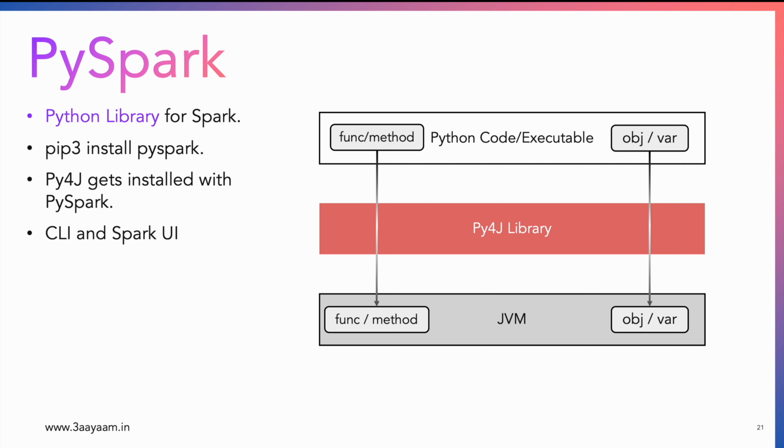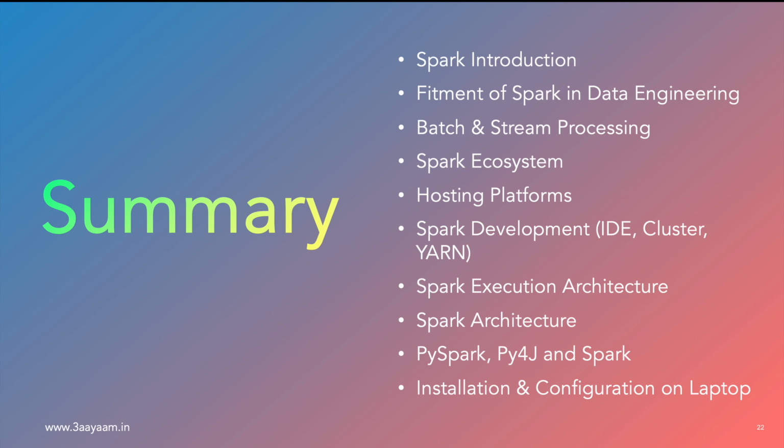So this concludes the Spark introduction. Let's summarize what we have talked about. We started with the Spark introduction and how Spark fits in the data engineering world, or in the data engineering pipeline. Then I gave you a sense of batch and stream processing and how Spark can help in both of them. Spark does processing with batch data and stream data both.